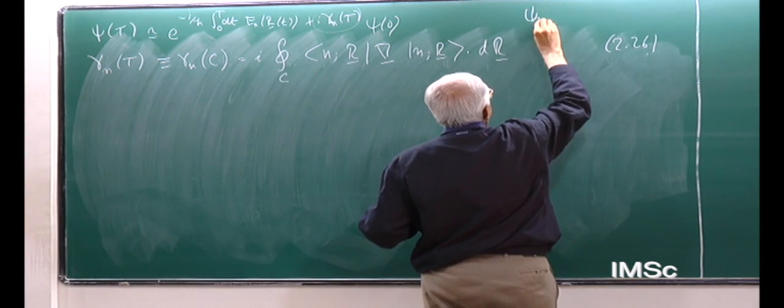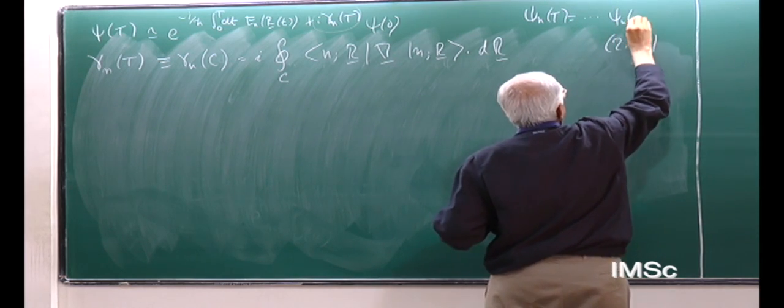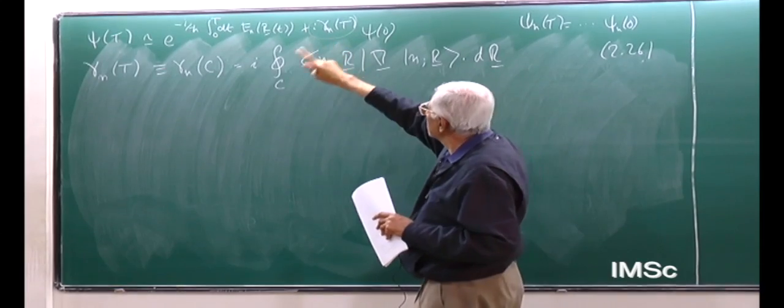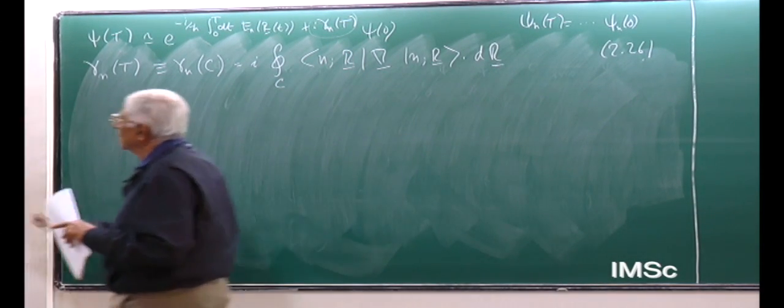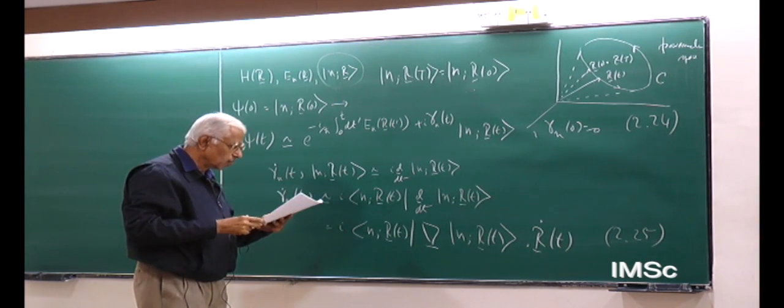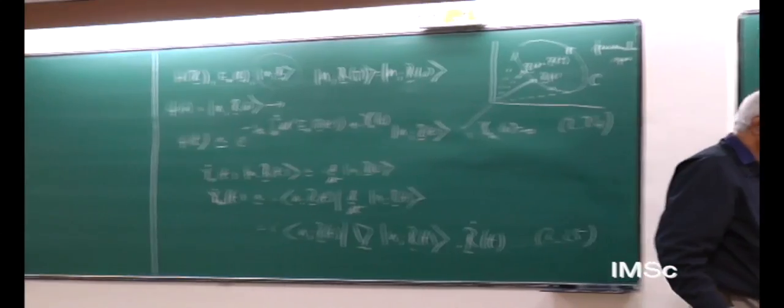I have rubbed it out, but you remember there was a phase we said could be there. Well, this is that phase. Even though in this treatment, the instantaneous eigenfunctions, eigenvectors, are assumed to be globally well defined. Okay, so this is equation 226.